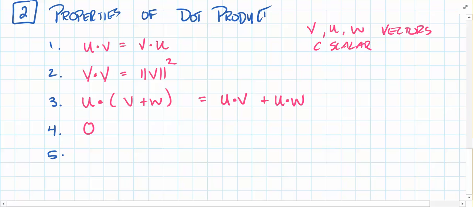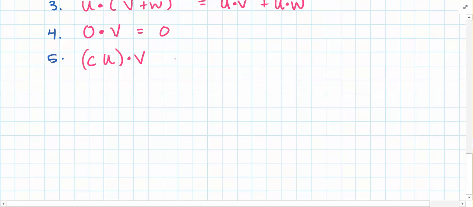This one's very straightforward: 0 dotted with any vector. What do you think? Take a guess. Yep, sure is. And the last one: let's say you have a scalar times a vector u, and you want to dot that with v. So scalar times u, dot v, is the same thing as scalar times u dot v.